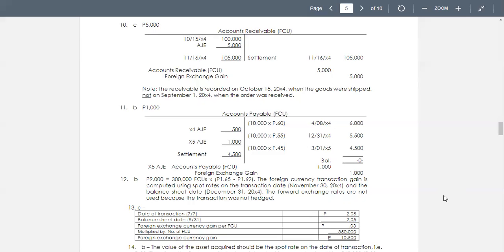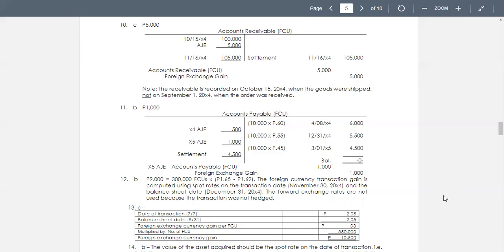The balance sheet date, the rate is 2.05. So there's a difference of 0.03. Then we have 350,000 FCUs given, which we multiply.